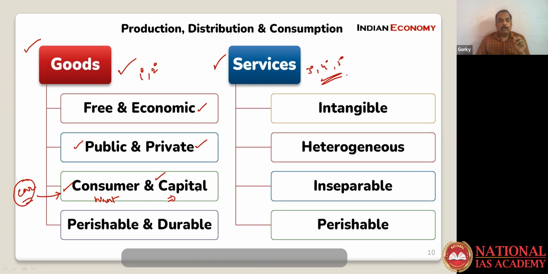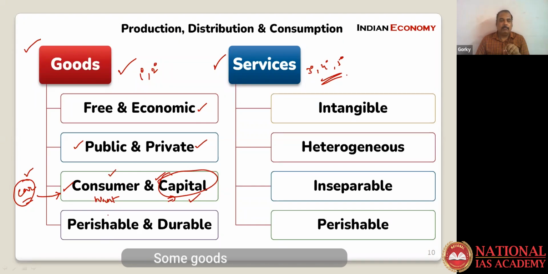Whereas to build a car, I need some machinery. That machinery is capital. Machinery doesn't come under consumer good because you are not going to consume the machinery. You are going to consume only the car, which is produced by the machinery. In that way, the machinery becomes a capital good through which the consumer goods are produced.